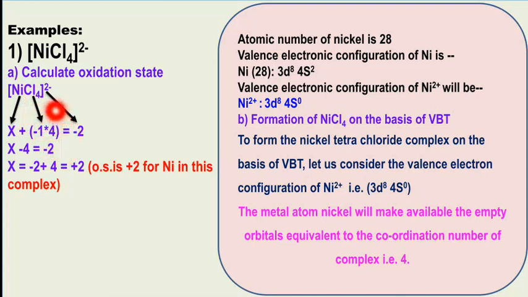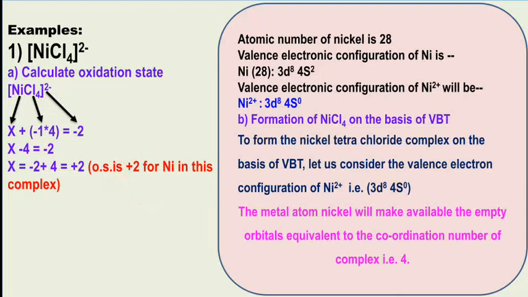To the right of the equal sign, write down the charge on the complex, that is -2. Doing the algebraic sum, x minus 4 is equal to -2. By shifting -4 to the right-hand side, it becomes a positive quantity, so -2 plus 4 is +2. So the oxidation state of Ni is +2 in this complex.